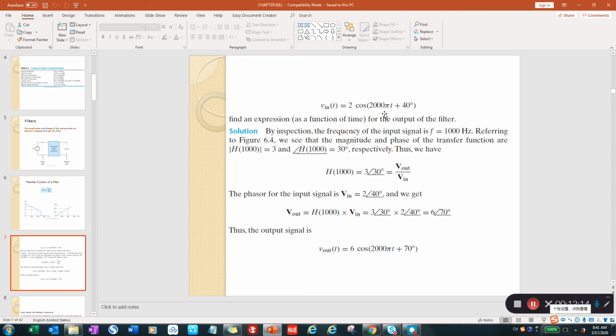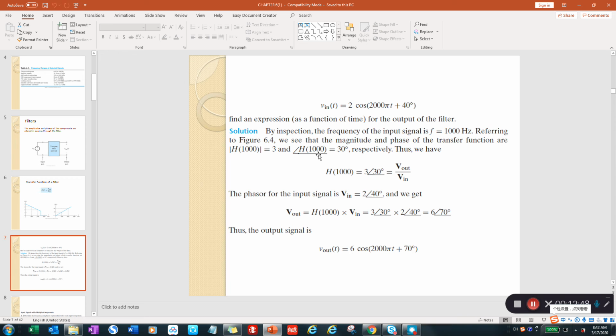When different frequency signals pass through the filter, your amplitude and phase angle change will differ based on the frequency. Here we know that cosine(2000 pi t + 40 degrees) has omega as 2000 pi, and omega equals 2 pi f, so we know that the frequency is in fact 1000 Hertz.